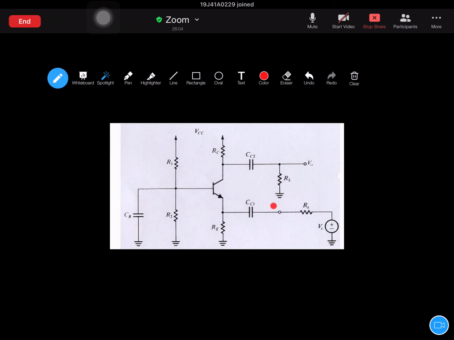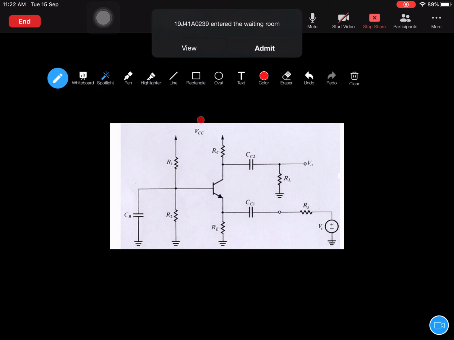Because you are using CC1, it will provide an open circuit to DC signals. Here also it will provide an open circuit to DC signals when the input source becomes short circuit and the output load becomes short circuit; there is a danger that VCC will provide supply to the output side.